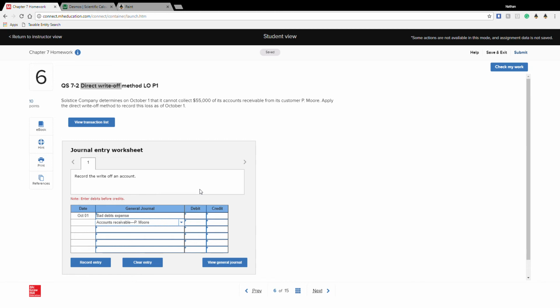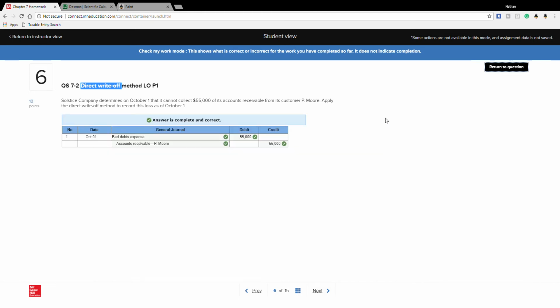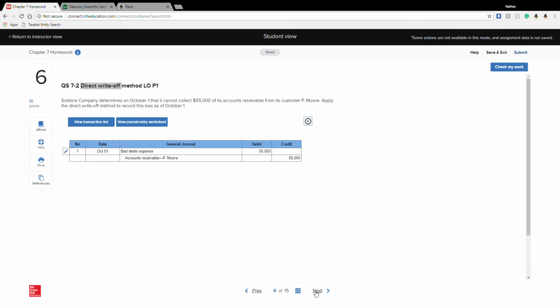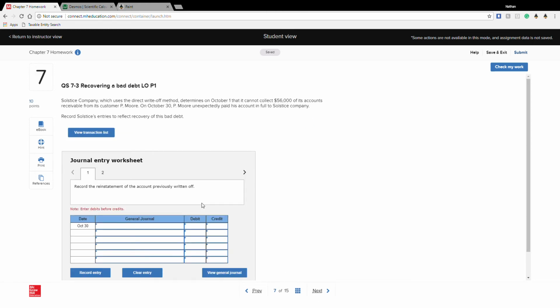So we should not have anything to deal with accounts payable. So with this one, we put in whatever number you got. For me, it's 55,000. And again, always check my work. These are homework questions, so you can check to make sure everything's correct. So once it's actually correct, move on.